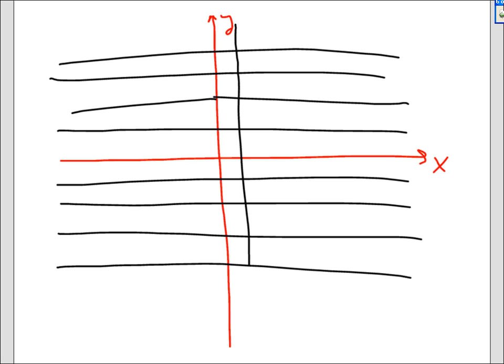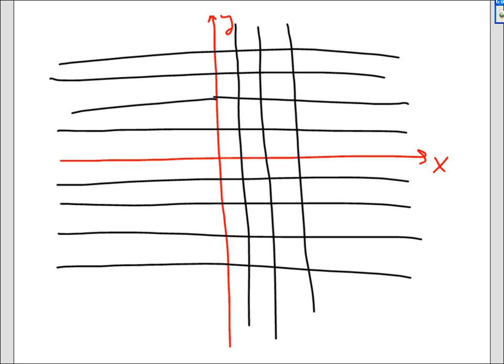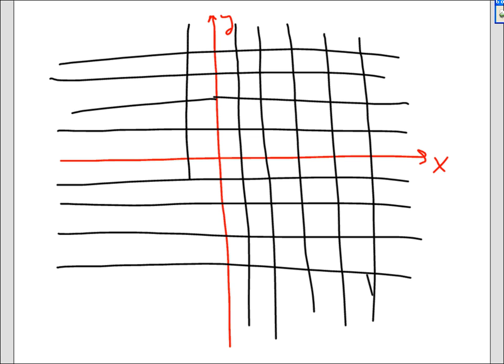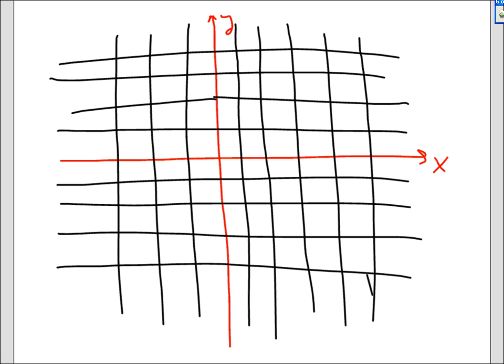So if you had some graph paper, it would look something like this. If I ask you to find the slope of the line that contains those 2 points, we'll write down the computation on the bottom left.